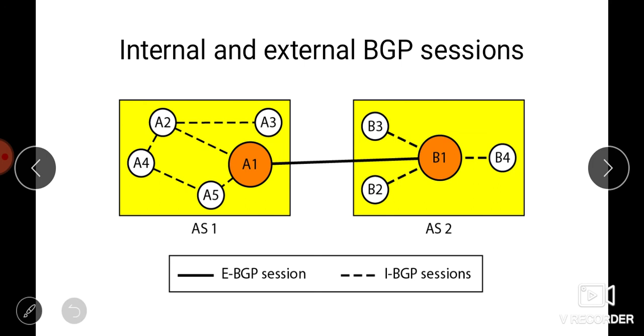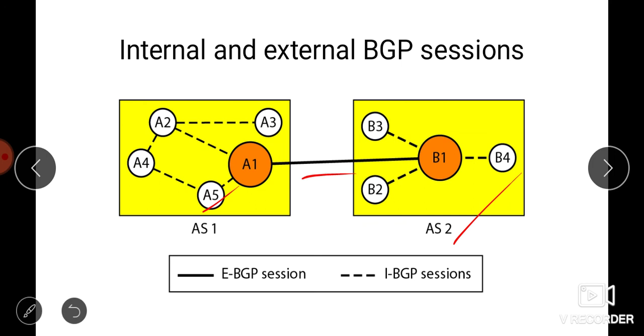If we look at AS1 and AS2, the session established between AS1 and AS2 is eBGP, because they are two different autonomous systems. The two speaker routers exchange whatever information they know about networks in the internet. However, these two routers need to collect information from other routers in the autonomous system.